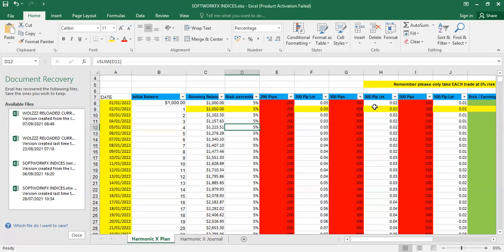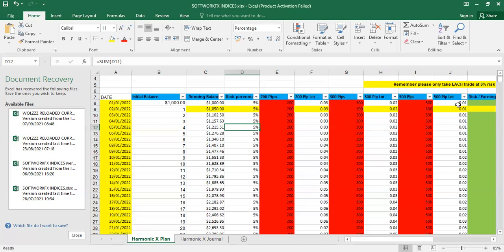Look at the case of a 500 pips target per day. Your expected lot size that will give you 5% of $1,000, which is $50, at 300 pips is 0.02. For this 500 pip target, 0.01 lot.